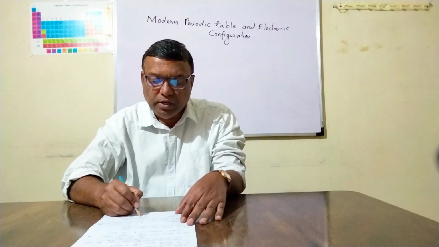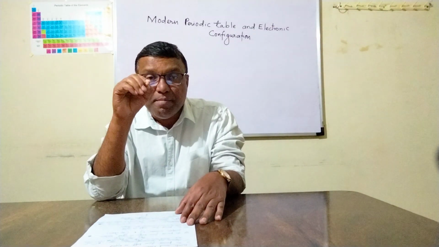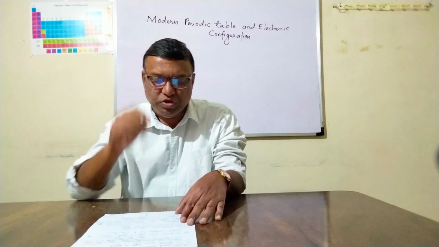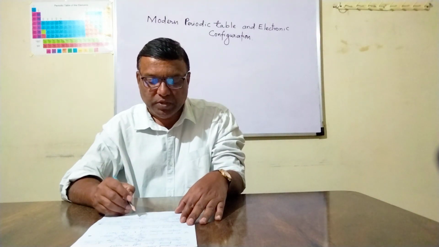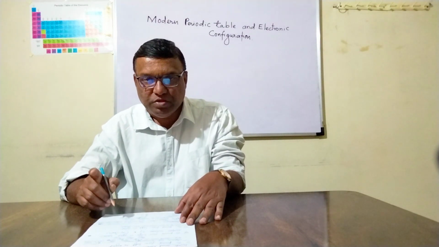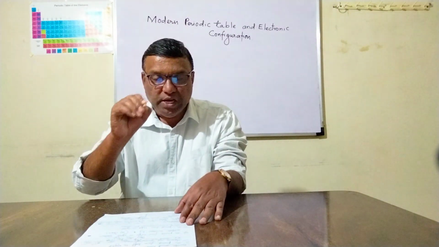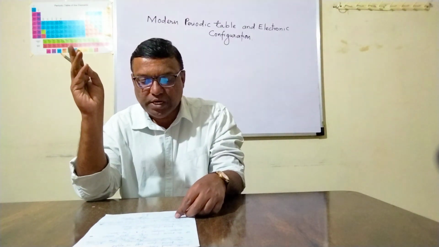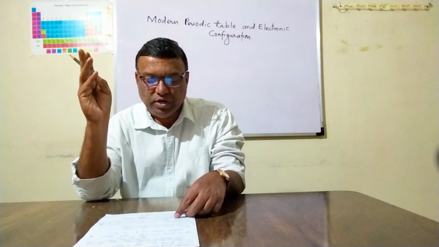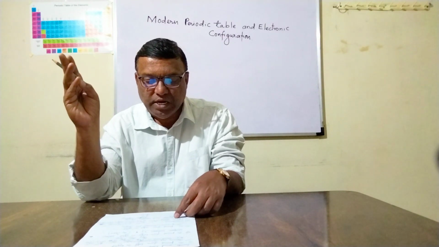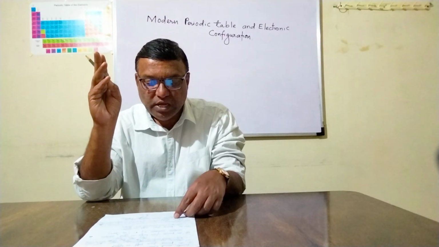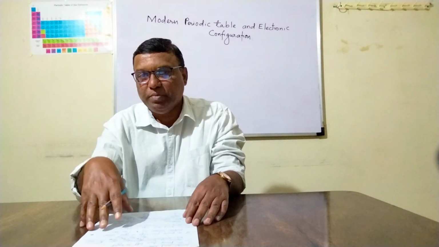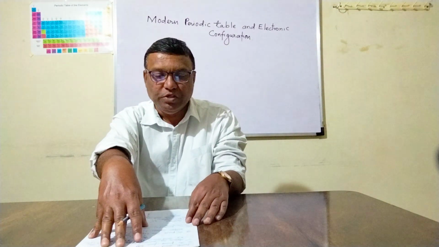The electron capacity of M shell is 18 electrons. And the electron capacity of N shell is 32 electrons. So K shell 2 electrons, L shell 8, M shell 18, and N shell 32 electrons. So here, on periods and electronic configuration, we discussed a total of 5 points.